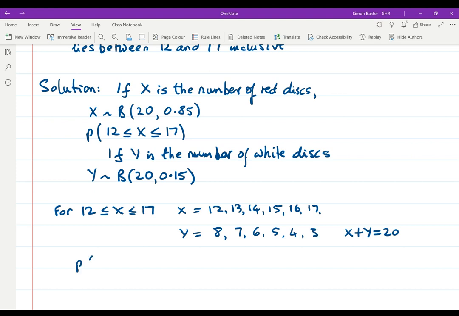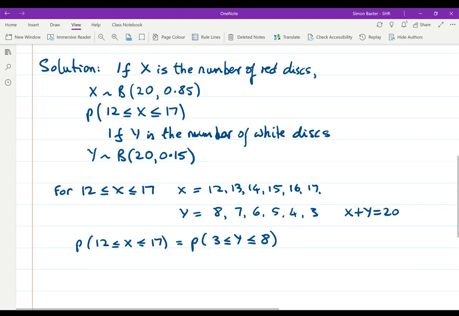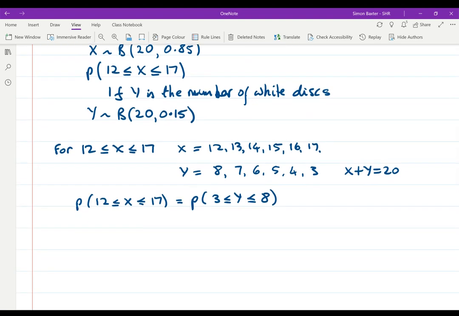So the probability that 12 is less than or equal to X is less than or equal to 17 is the probability that 3 is less than or equal to Y is less than or equal to 8. Now I can go to the tables.